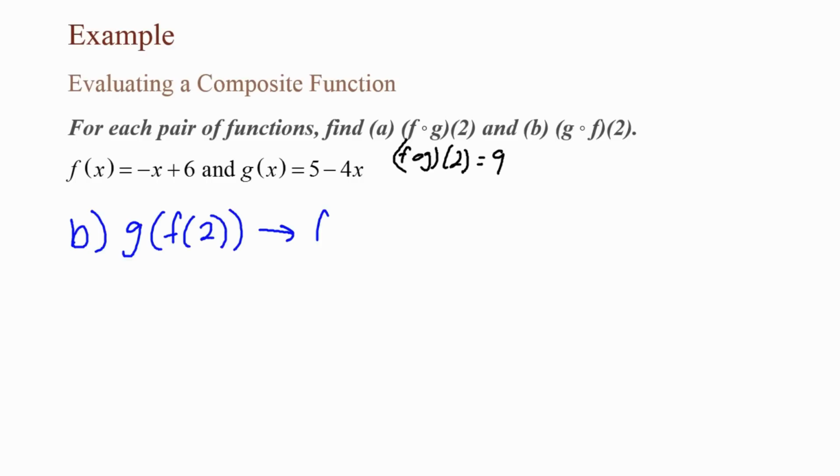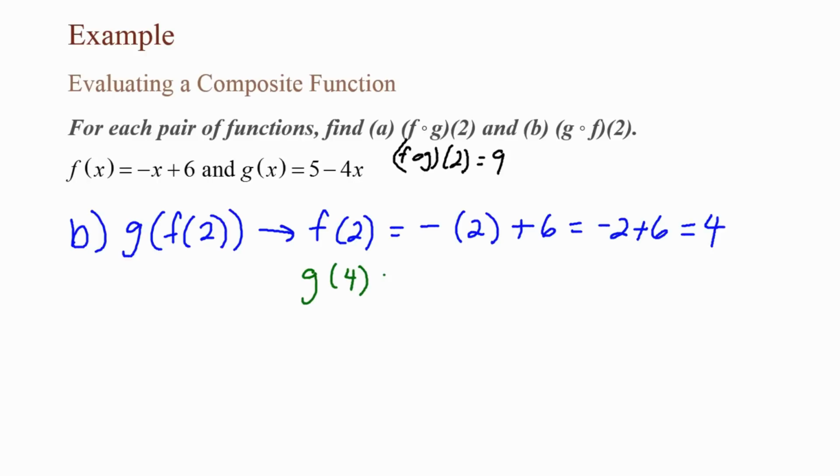Start with f of 2, which is the opposite of 2 plus 6, which means we have negative 2 plus 6, which is 4. Then I want to substitute that 4 into my g of x equation.